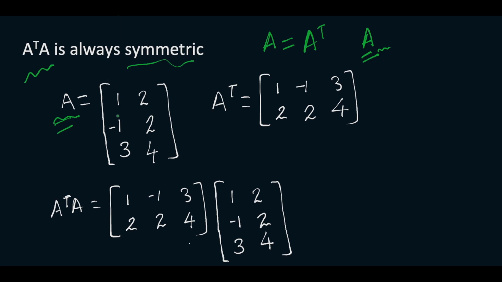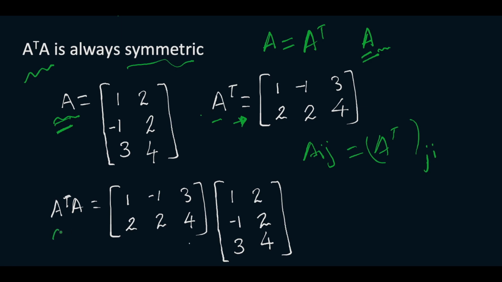Now let us do the multiplication of A transpose with A. We have A here, so A transpose will be this matrix. You can see the elements are flipped along the diagonal, and Aij equals A transpose ji.